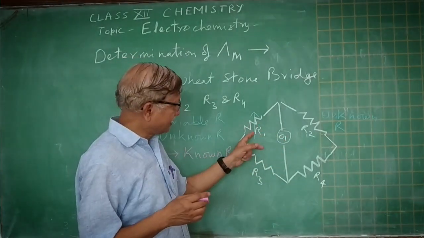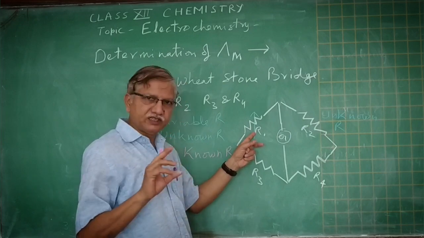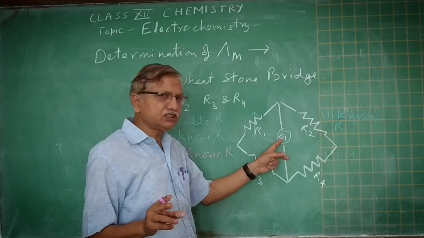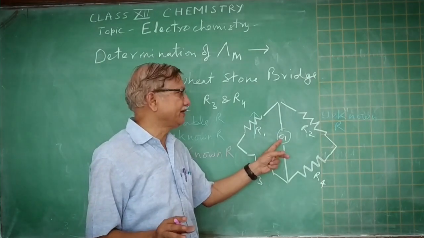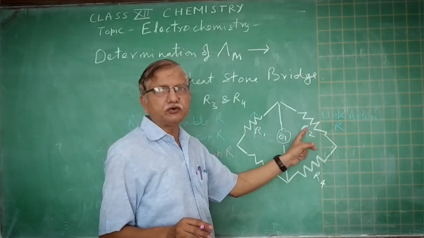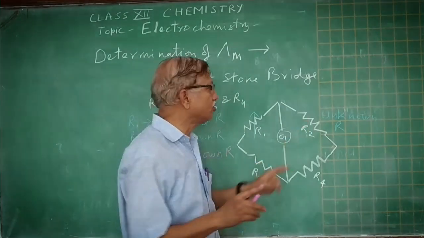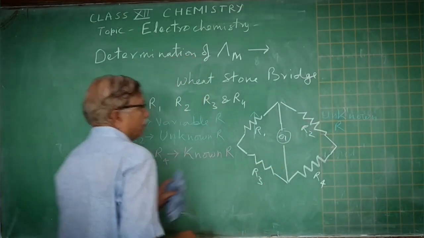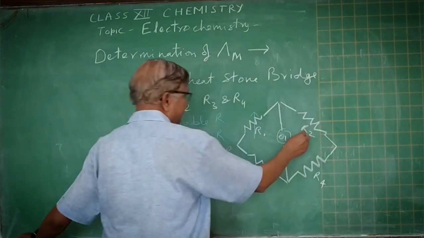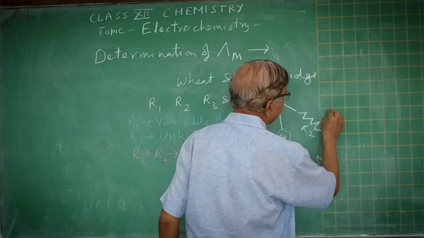So we adjust R1 with the rheostat so that G indicates the null point, and R2 is the unknown resistance. We connect the R2 through the conductivity cell.